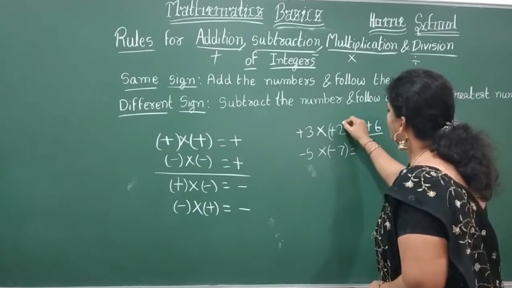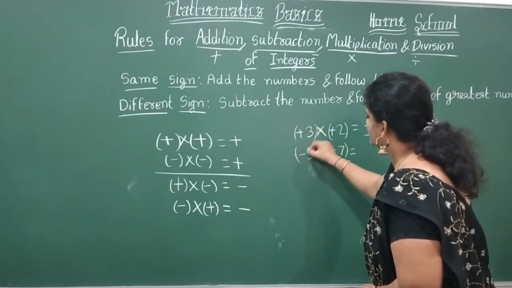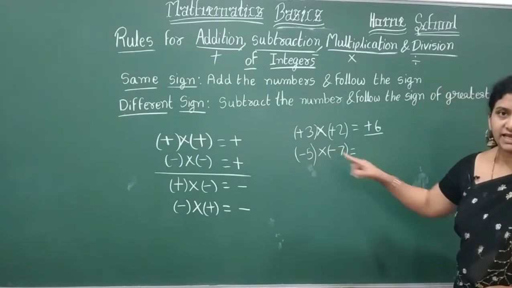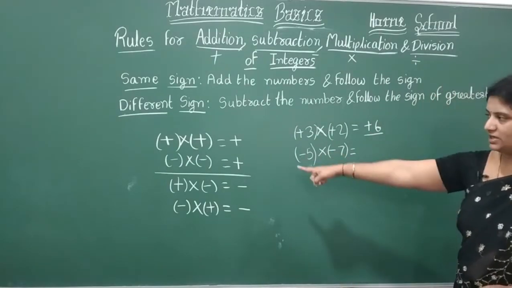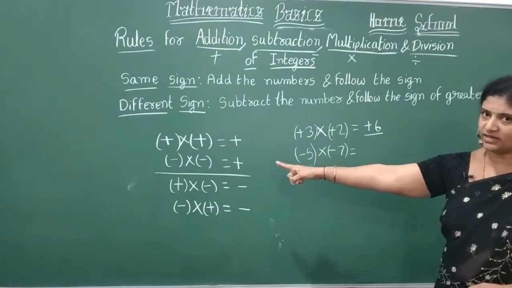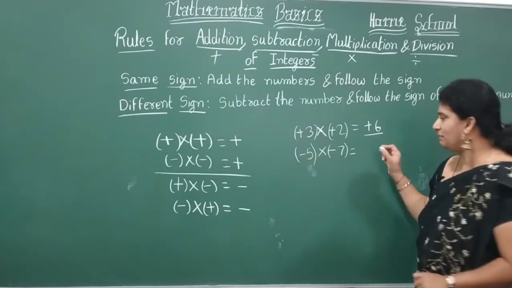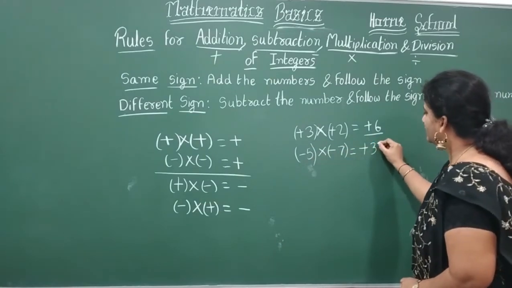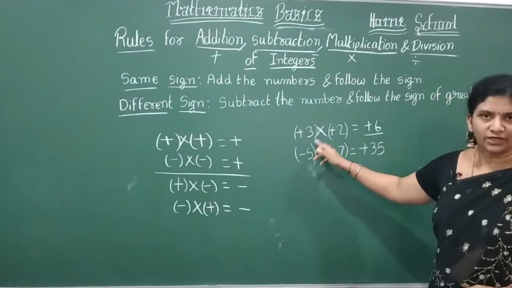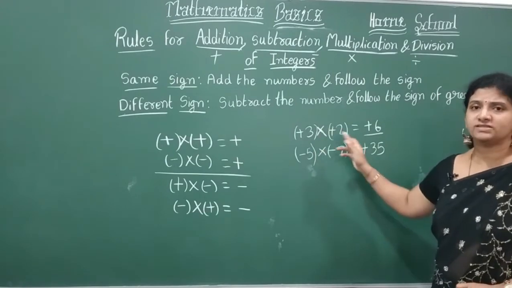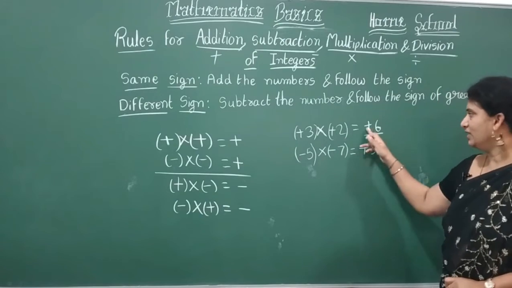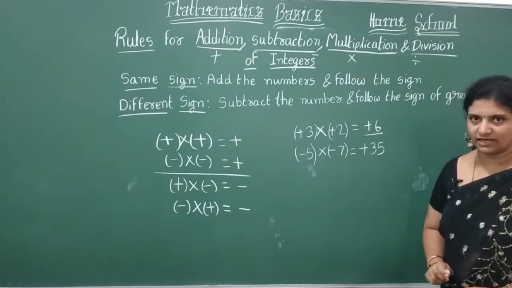So look here, you can always take this in brackets. Minus into minus, it will be plus. Look there, if you multiply minus into minus, it will be plus. So 5 sevens are 35. Children, if any two numbers have the same sign, when you multiply, you are going to get a result with a positive sign.